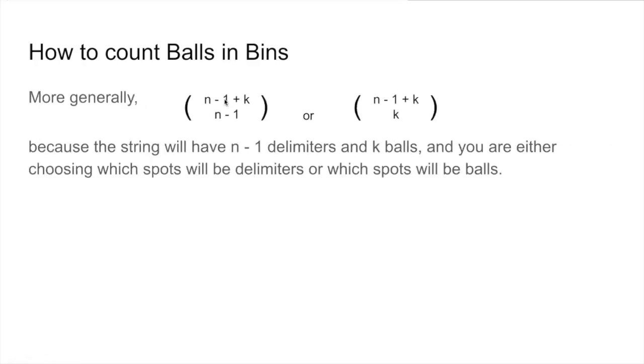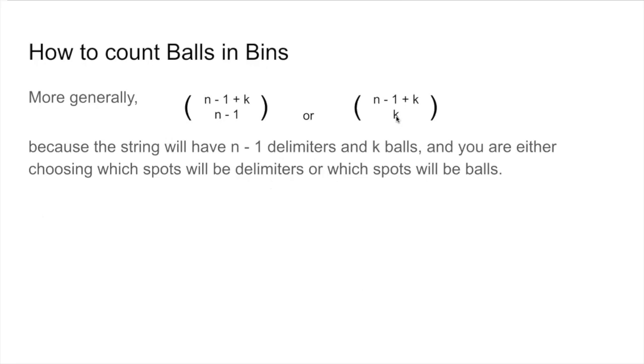So the generalized solution is this way, because the string will have n minus 1 delimiters and k balls, and you're either choosing which spots will be delimiters or which spots will be balls. So you have a total of n minus 1 delimiters and k balls for a total of n minus 1 plus k characters in the string, and you're choosing n minus 1 characters in the string to be delimiters, or you're choosing k characters in the string to be balls.